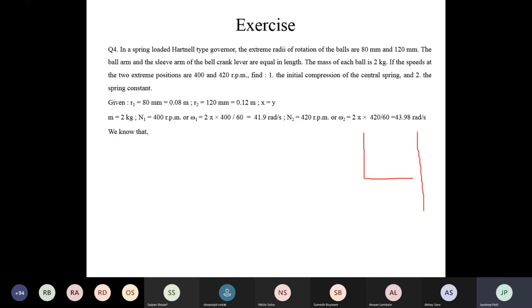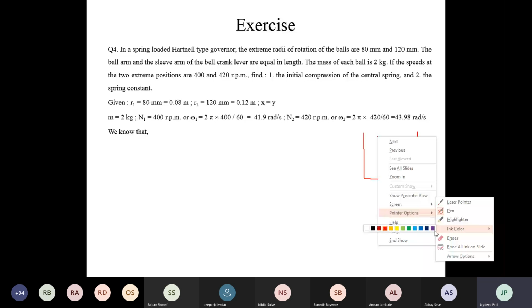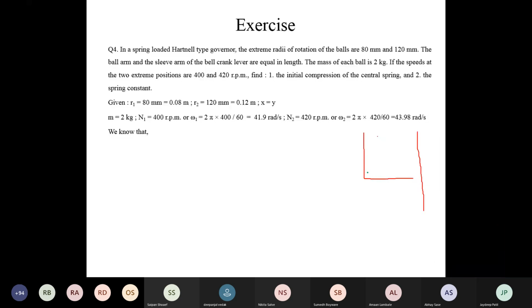When the link moves in inward direction at equilibrium position or at minimum speed, it moves inward. Shashwat, is there any doubt? Not yet.